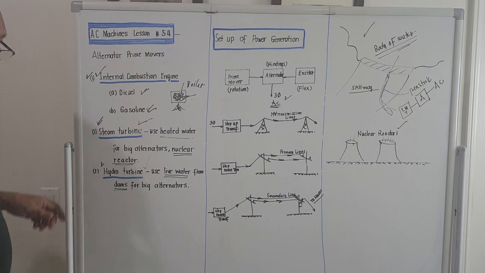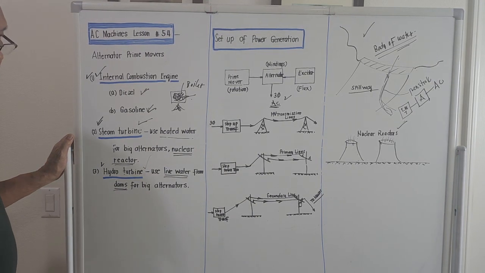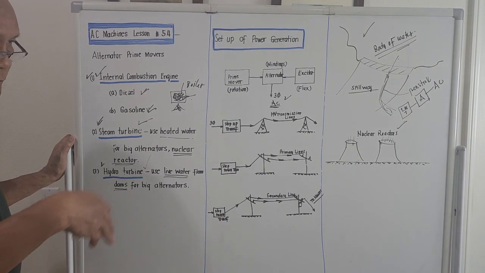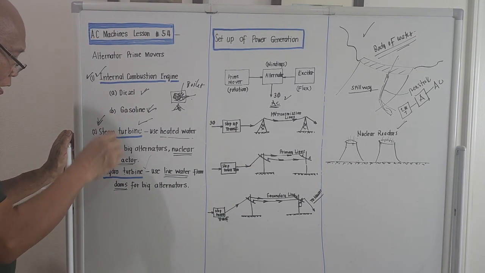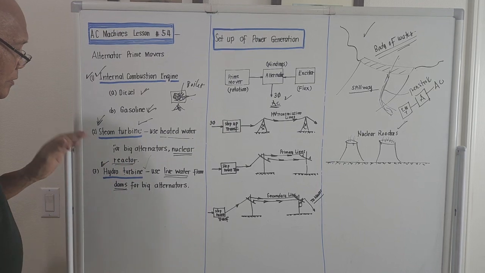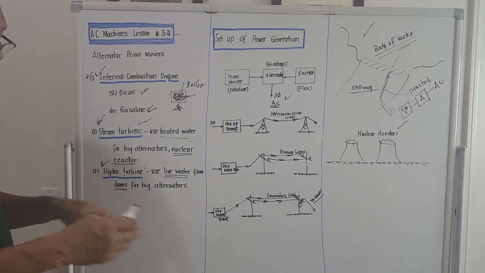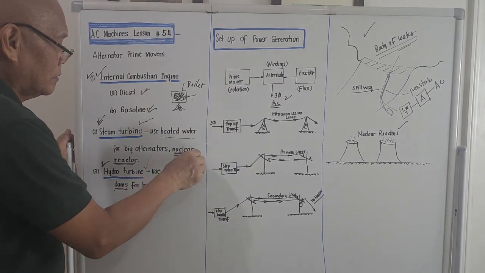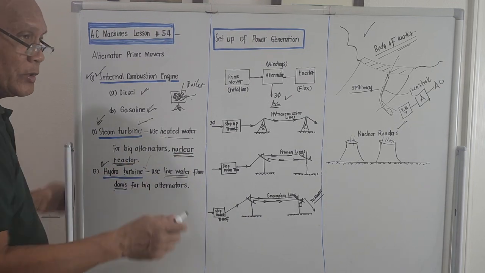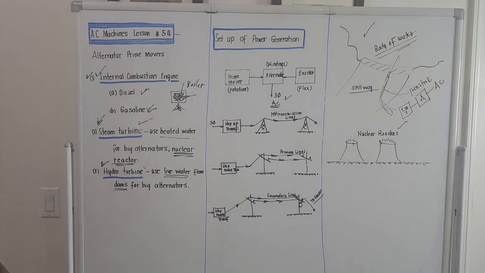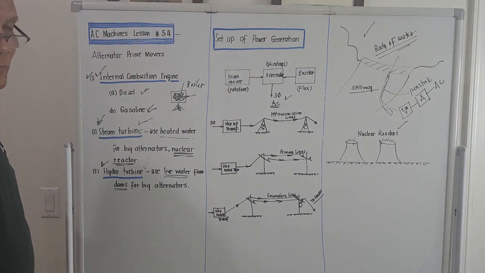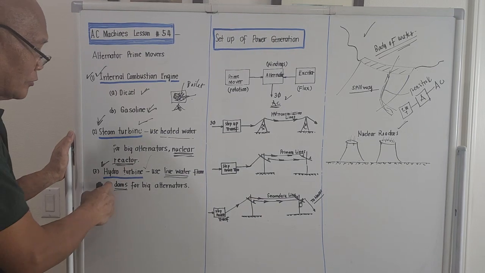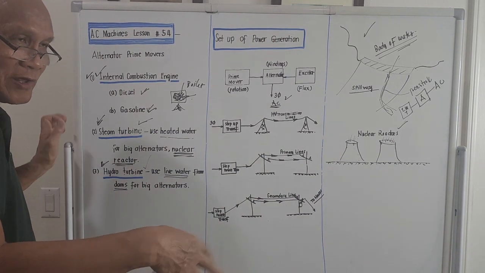That's why there are other sources of power generation, and that is by using a steam turbine and by using a hydro turbine. For the steam turbine, for us to be economical, we use nuclear. We could use bunker oil, but since bunker oil pollutes the atmosphere, okay, there is a problem with bunker oil. For the hydro turbine, we just use live water.